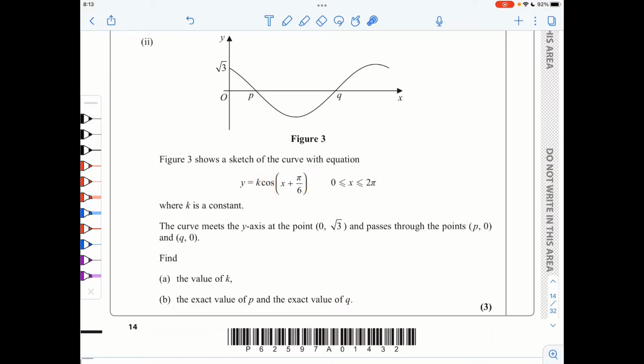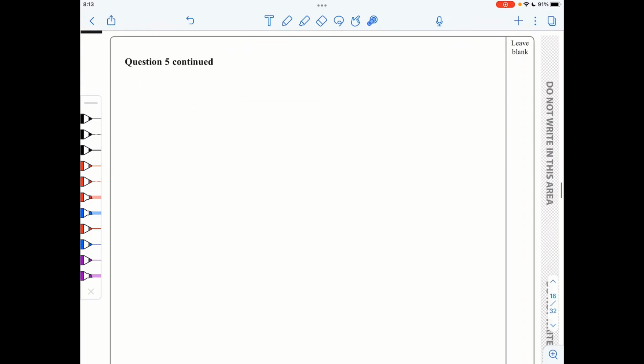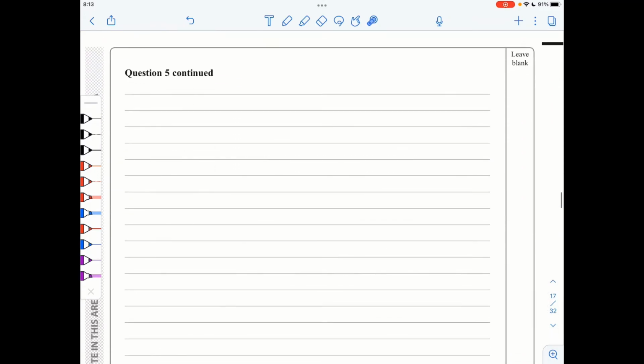I will start by finding the value of k, and I will be using the fact that we pass through the point (0, √3), which means that when x is 0, y is √3. So I will substitute into the equation y is k cos of (x plus pi over 6).